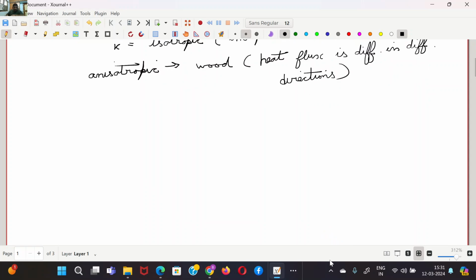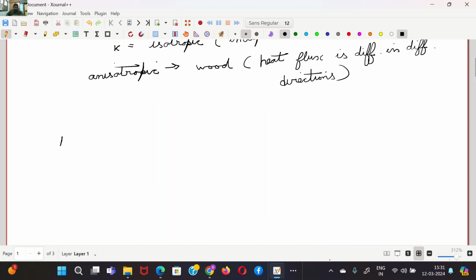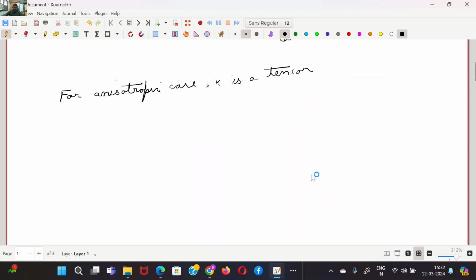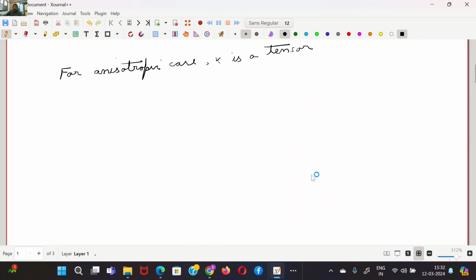So for anisotropic case, I'll just make a note of these things. There is a tensor. What is a tensor? Tensor is order 2, right? The vector is first order, tensor is second order. We'll have 9 components. We saw the stress tensor in the fluid flow part.